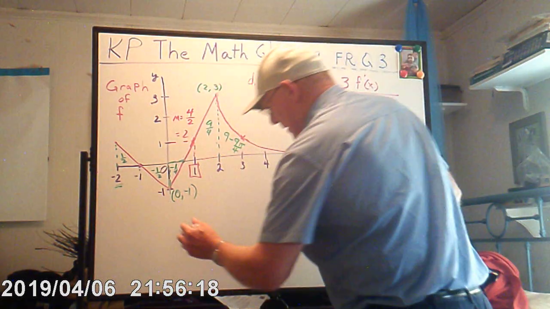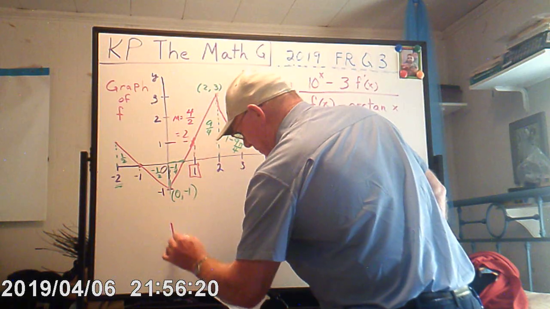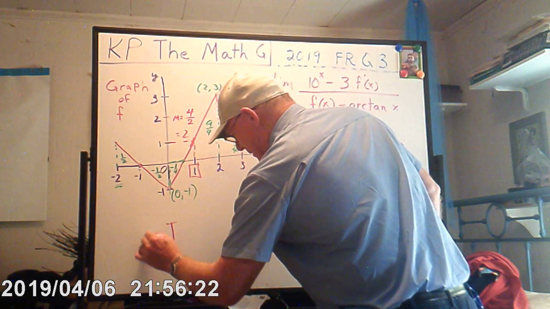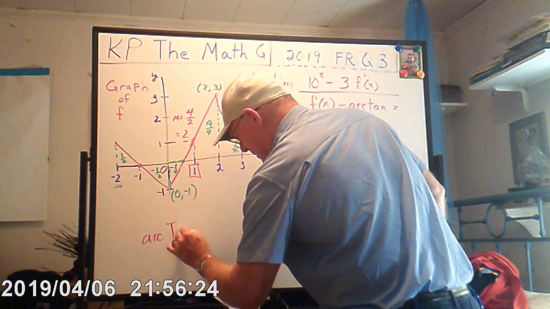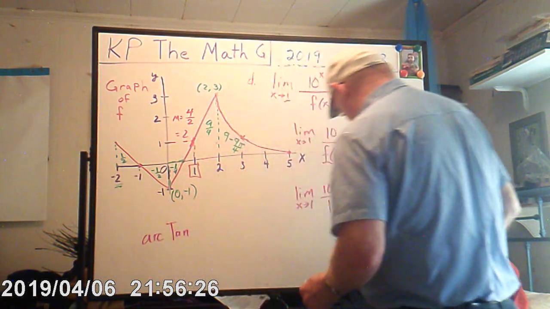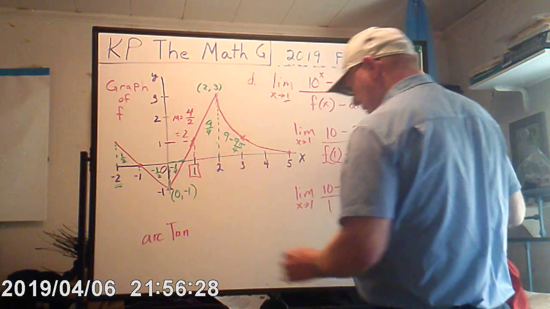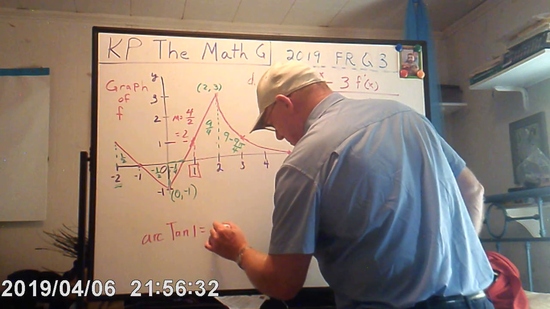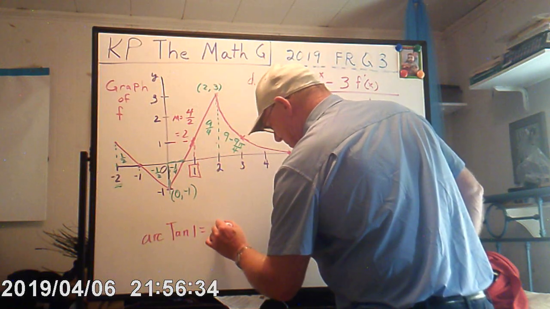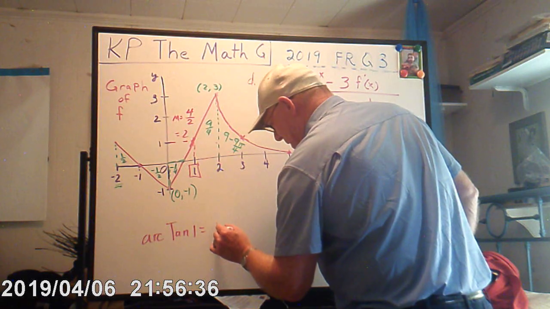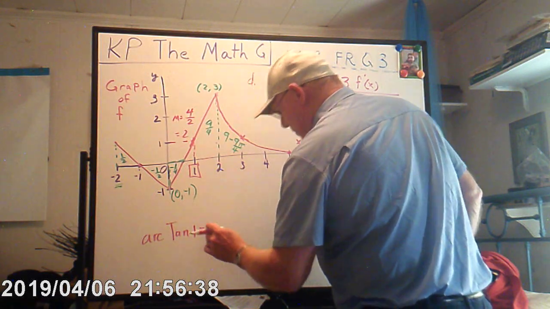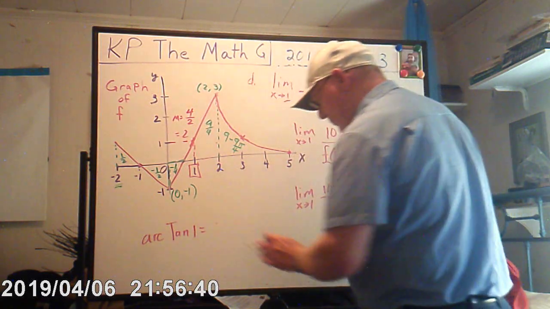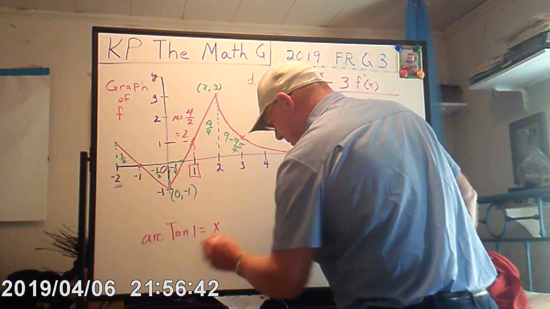Usually, if we say arctangent of 1, let's make it equal to some x, or y, or whatever, is equal to x. We'll just do that.